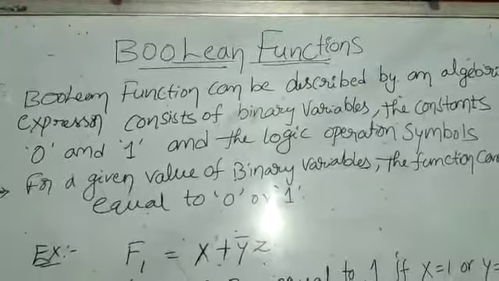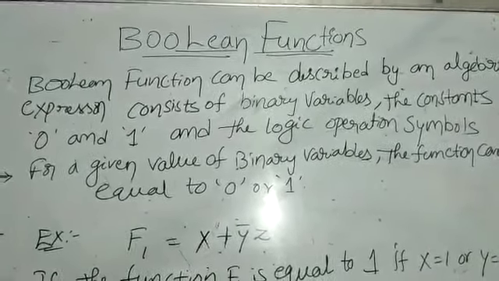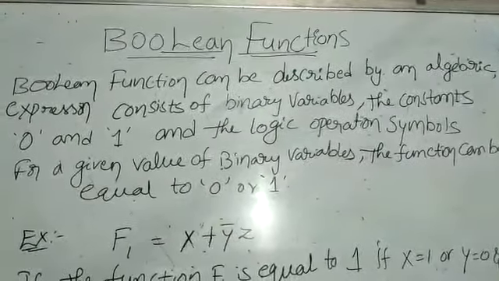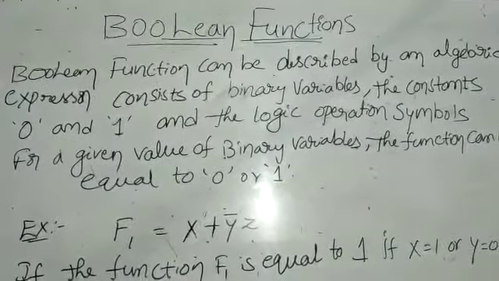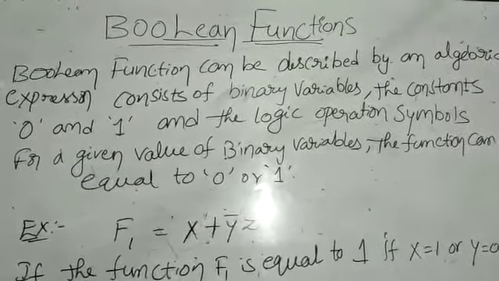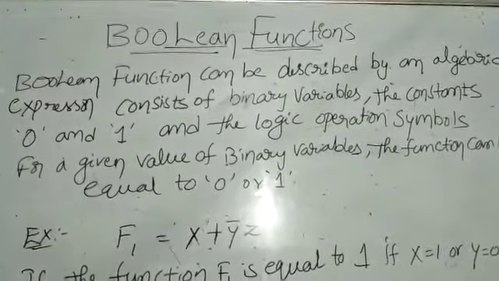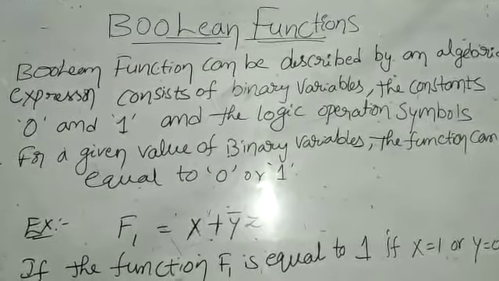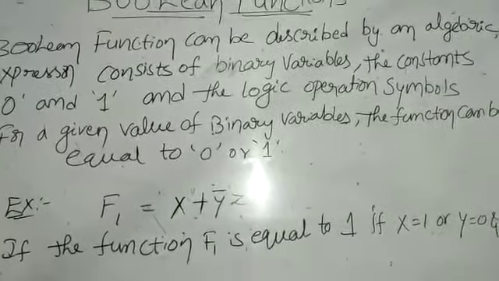So how can the Boolean functions be represented? A Boolean function can be described by an algebraic expression consisting of binary variables, the constants 0 and 1, and logic operation symbols. An algebraic expression is a combination of different variables, like x, y, z, a, b, c.